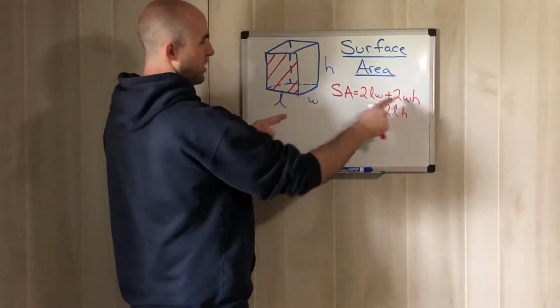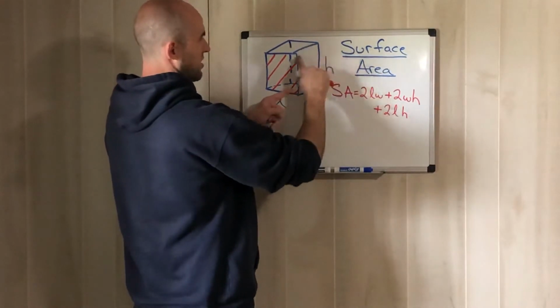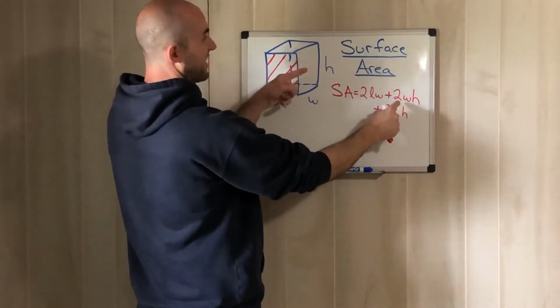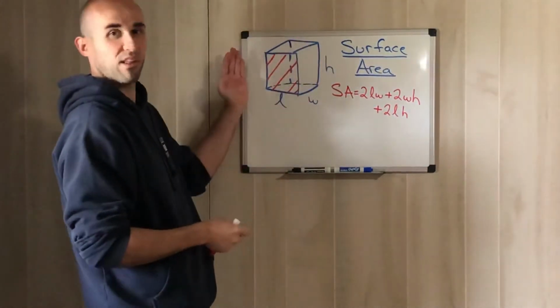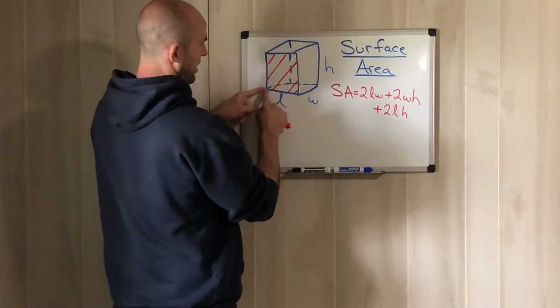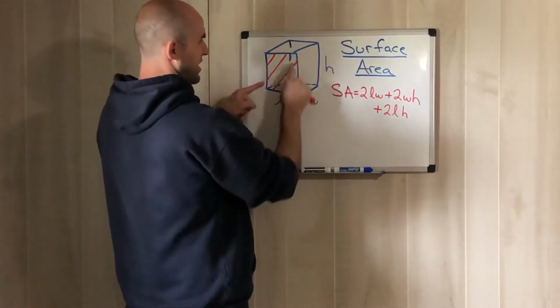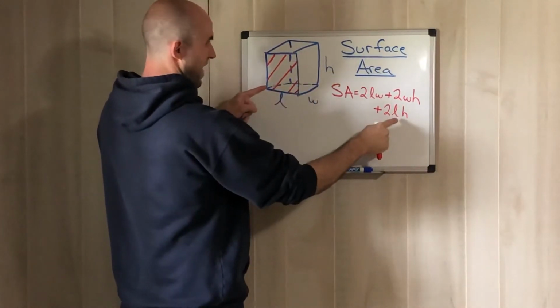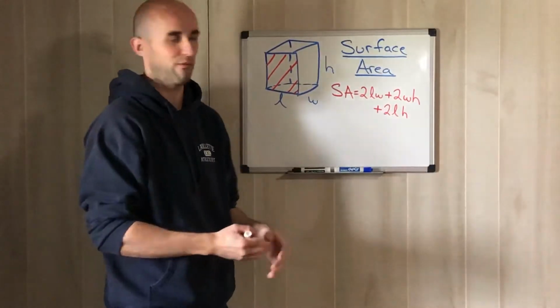Whereas when you have the width and the height, that's the width, that's the height. This one would represent the side, and it's 2 because you have the right side and the left side. And then length times height represents the front, and the 2 means that the front and the back are the same, so you have 2 of them.